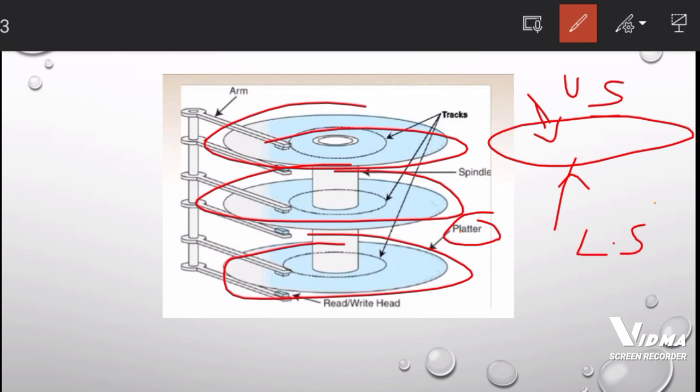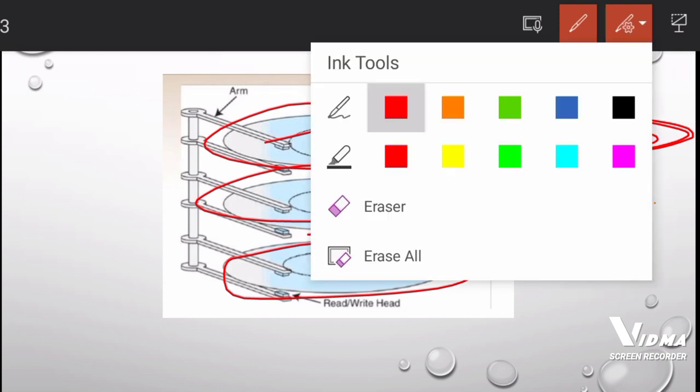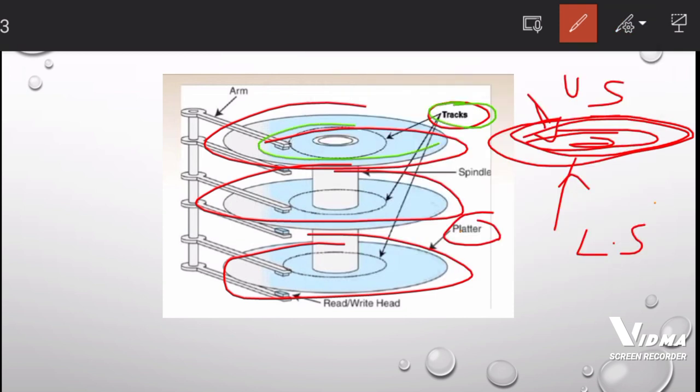Now, if I talk about one surface, what will be on that surface? You will see many circular lines like this, and these are called tracks. These circular lines are called tracks.